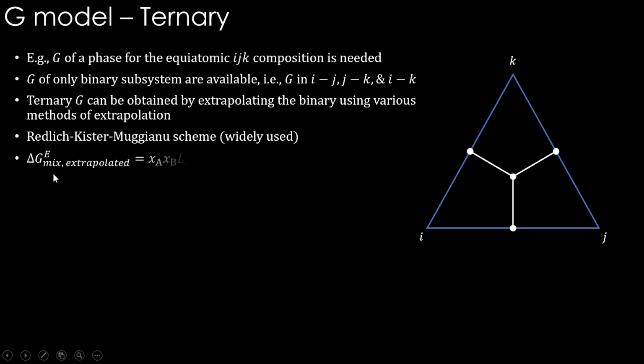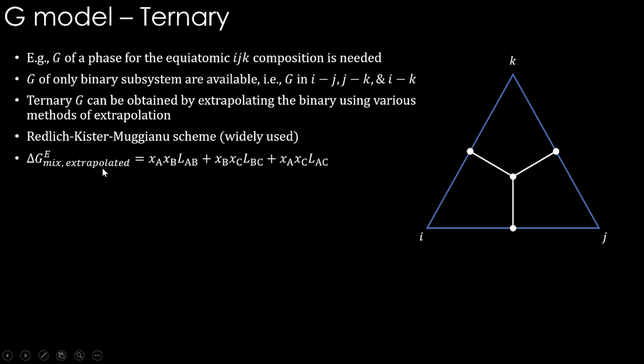This ΔG mix XS extrapolated is the term we are going to figure out from binary values. L_AB is known, L_BC is known, L_AC is known for a phase. Multiply that with the compositions respectively: XAXB L_AB, XBXC L_BC, XAXC L_AC.